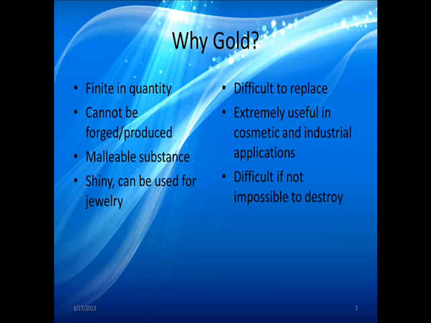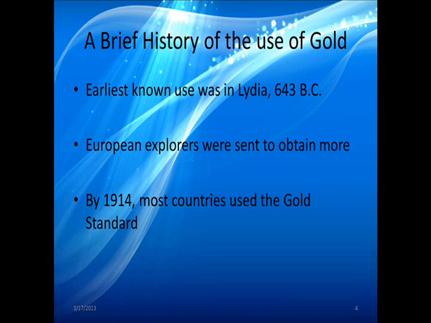So why do we have the gold standard? Why gold? Well, gold is really unique in a lot of different ways. It is finite, and there are plethoras of wonderful applications. A great example would be that every CPU in your computer has a small amount of gold used as a semiconductor. Now, we have been using gold coins as currency since about 643 BC, in Lydia, or present-day Turkey.